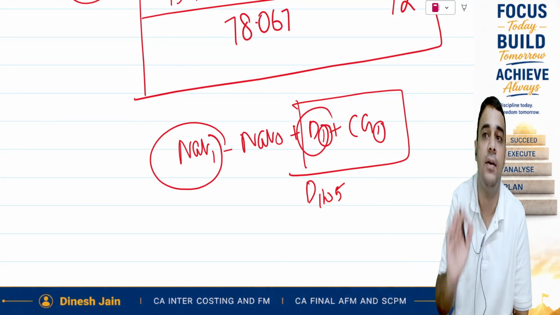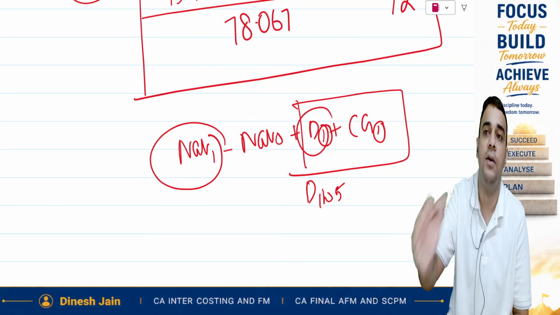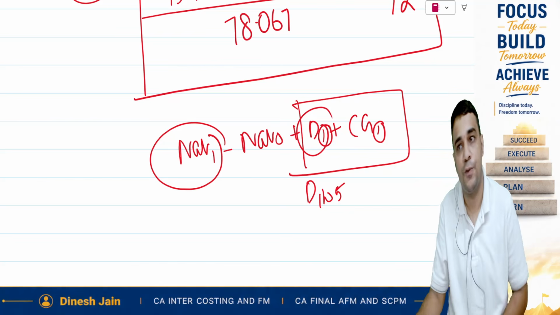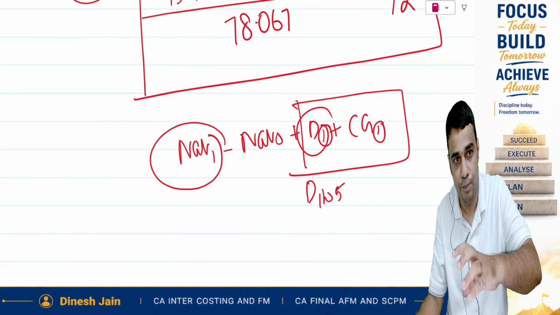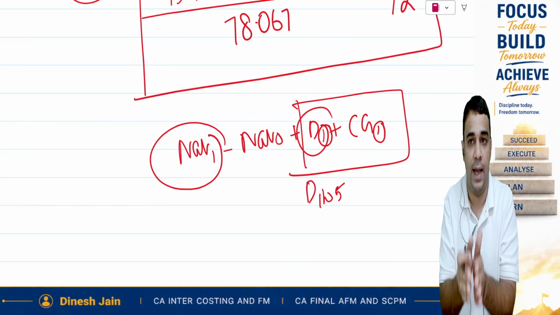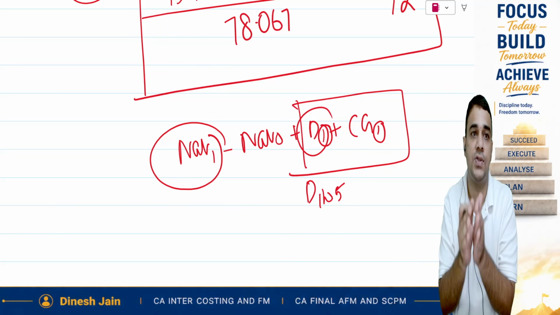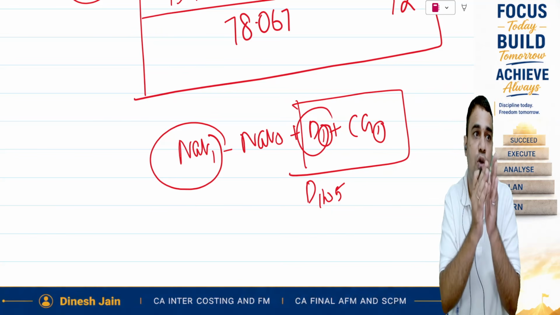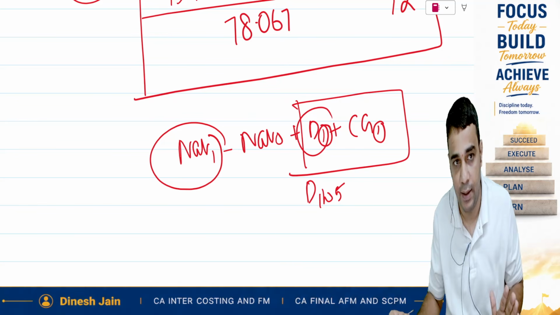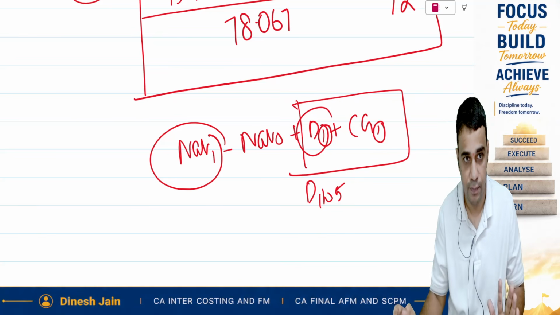I only meant D1 to be the dividend between the closing period and the opening period. If closing is 2020 and opening is 2000, all 20-year dividends will be added there. All 20-year CG1 will be added there. 20th year closing NAV minus the 20th year opening NAV. Clear? Any doubts in this?